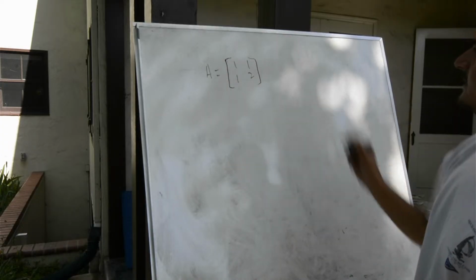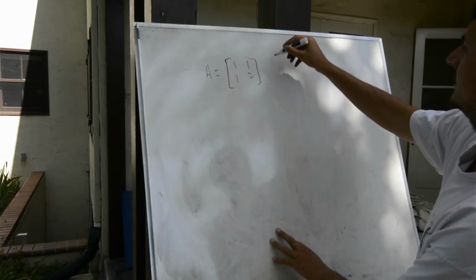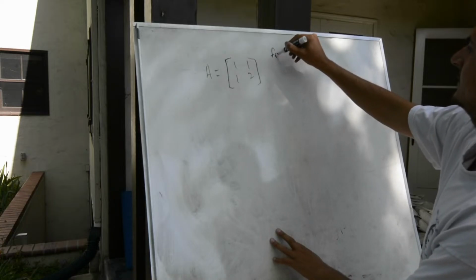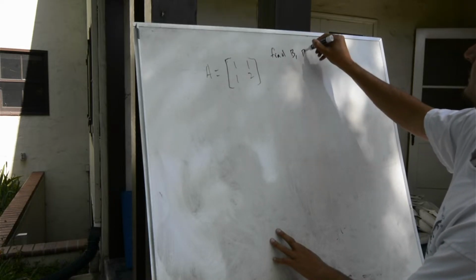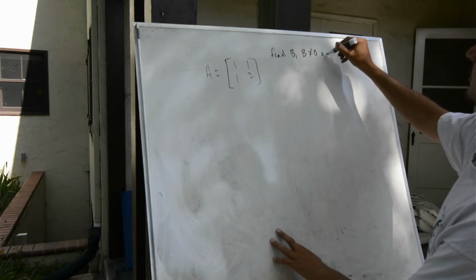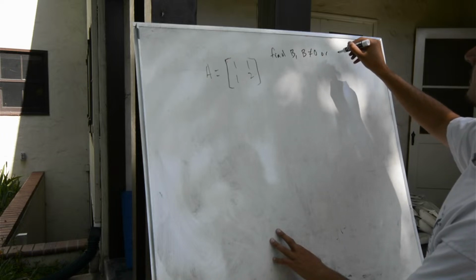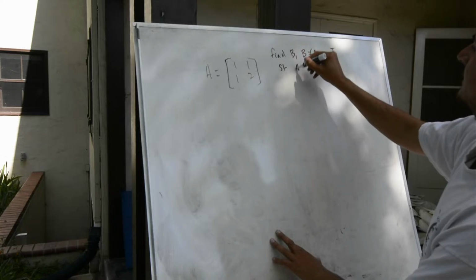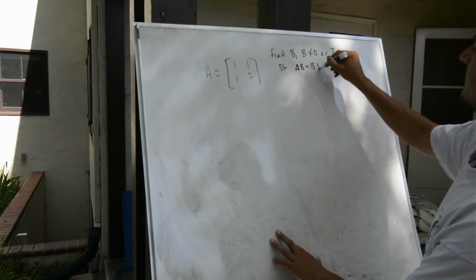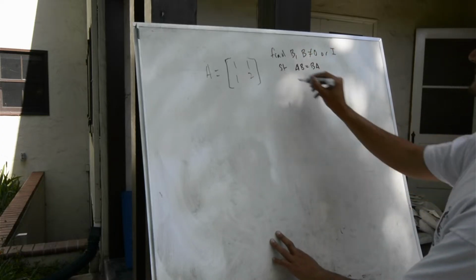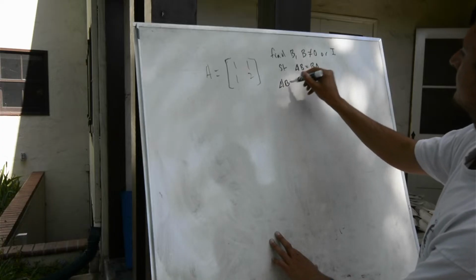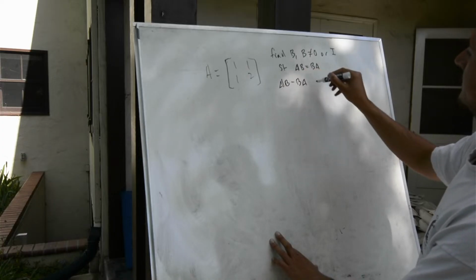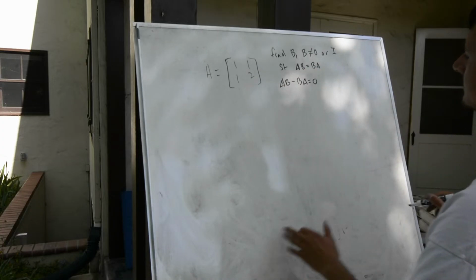So if we just consider this, we want to find B not equal to 0 or I such that AB equals BA. So AB minus BA is equal to 0.